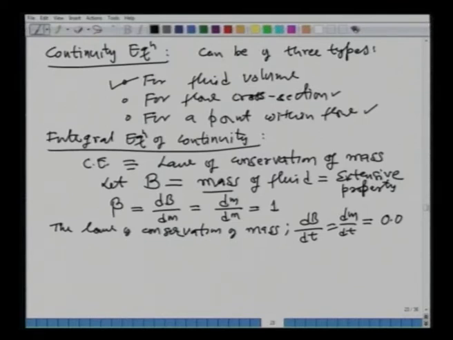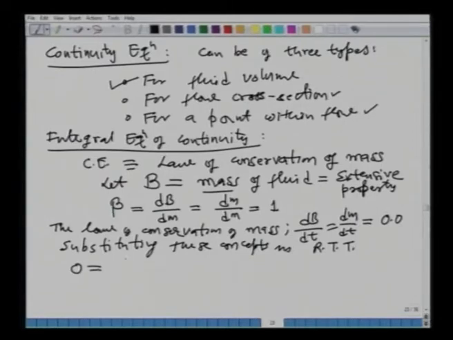Okay. So, we substitute all these concepts in your Reynolds transport theorem. What we will get is the left hand side is 0 and then the first term is d over dt of the triple integral over the control volume of beta rho dV, and beta is 1.